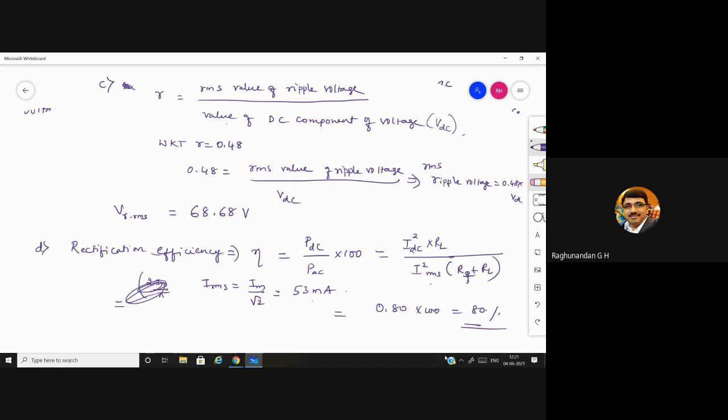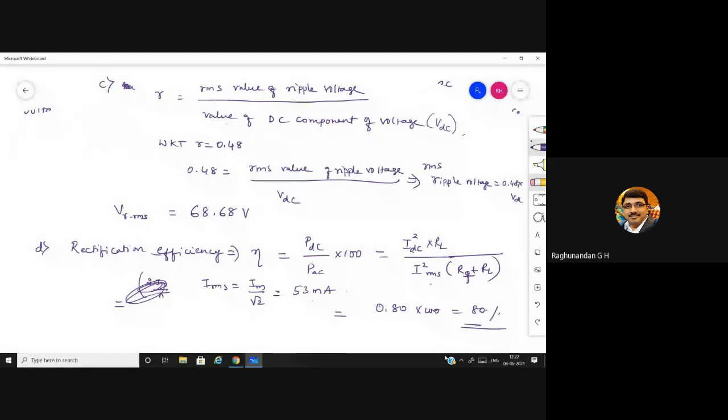But in the problems, they give you practical scenario oriented problems. That's why in problems you'll get a lesser value compared to the theoretical value. Suppose you're getting 85% in this question, then your answer is wrong. Somewhere you have gone wrong. This is how you need to check.